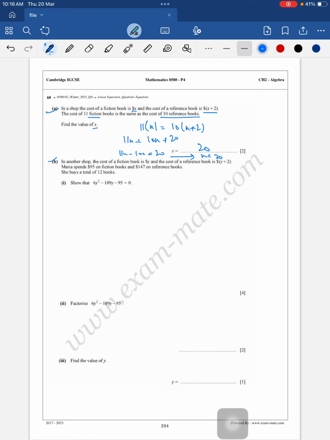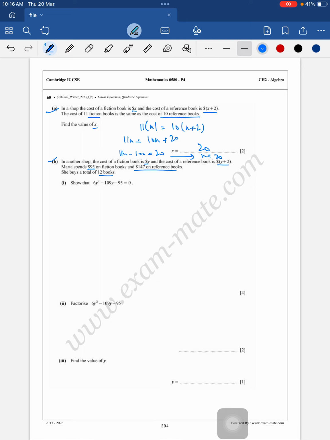In another shop, the cost of a fiction book is y dollars and the cost of a reference book is y plus $2. Maria spends $95 on fiction books and $147 on reference books. She buys a total of 12 books. The number of books is given. So if I want to find how many fiction books Maria bought, that is very simple.